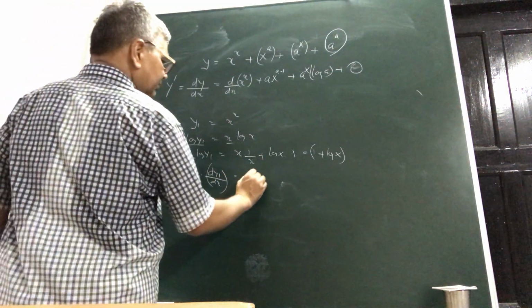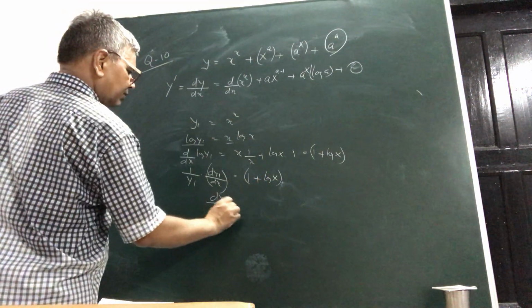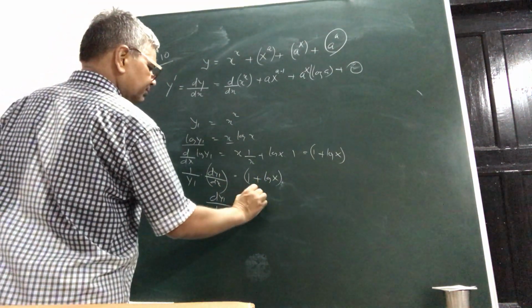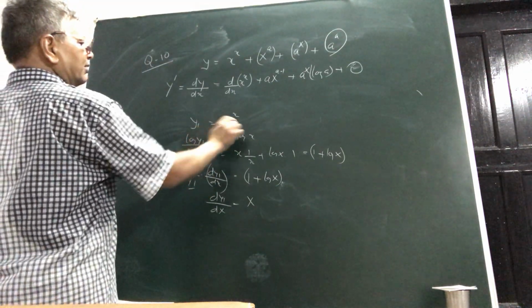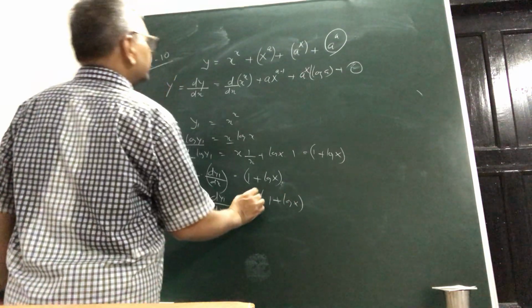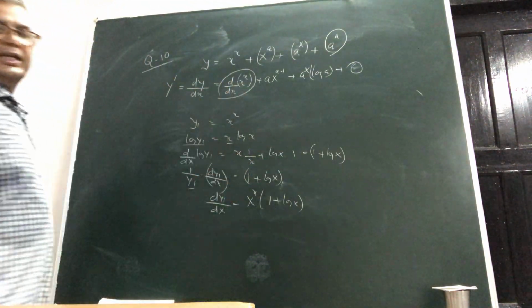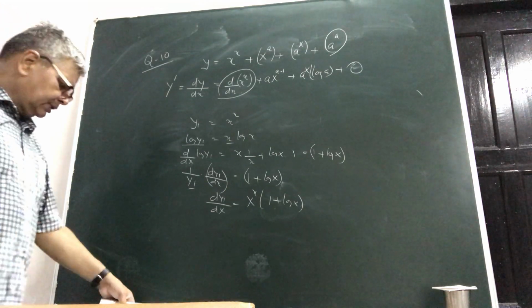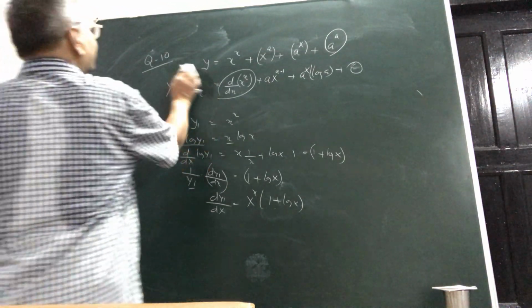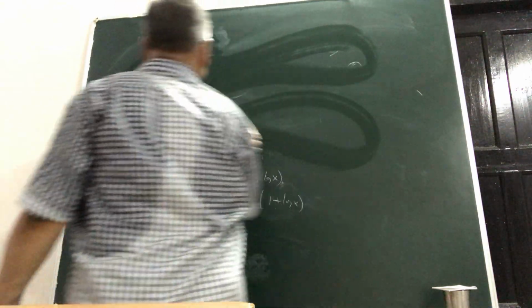So this is 1 plus log x. Okay, and so dy1 by dx is equal to what? y1, which is x raised to power x, into 1 plus log x. This value you will put here in this equation, and that will be the required derivative. Okay, so you have to be careful now. Only practice on your part will help you.